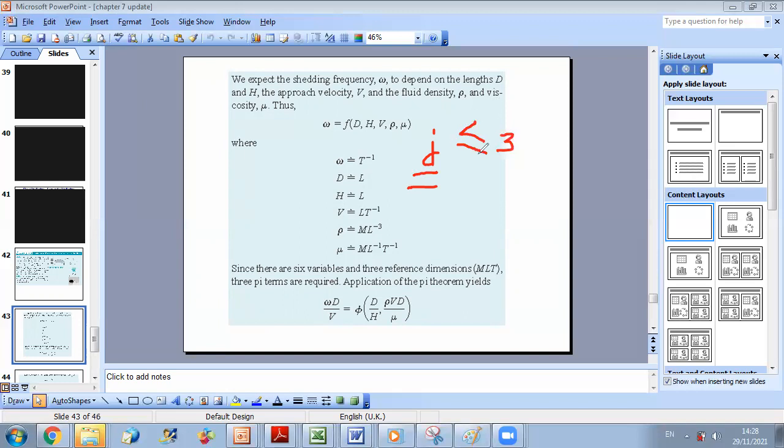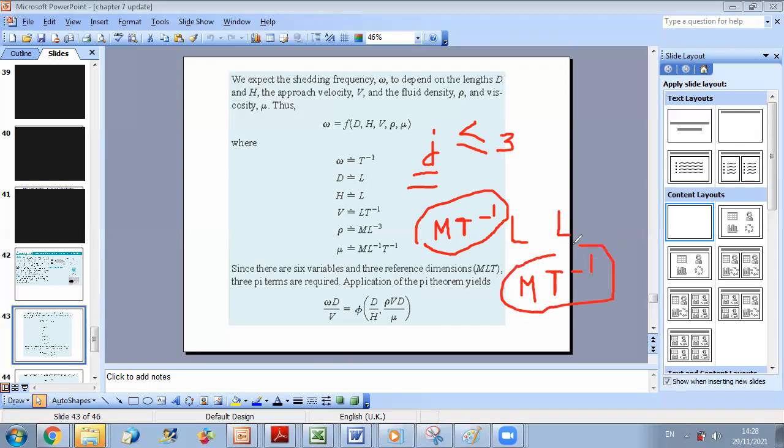Why smaller or equal? Because sometimes, as we have seen in an example last time, some of the dimensions can combine together and be repeated in the same way. For example, if you have, let's say, MT^-1 times L, okay, one variable has this dimension, another variable has dimension of L, and a third variable has dimension of MT^-1. It's true here that the dimensions involved are 3, because you have M, L, and T. But if you pay attention, M and T are always appearing in the same manner, and they are not separate.